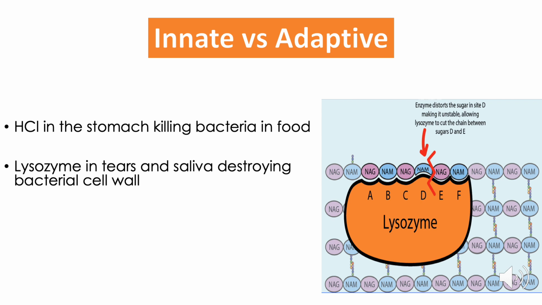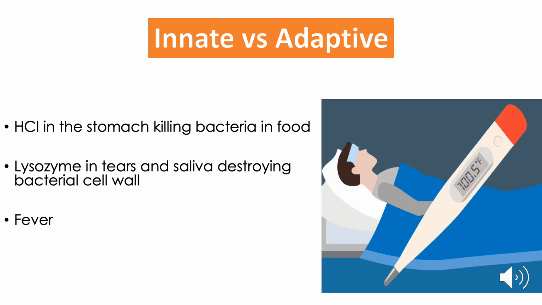Next, we have fever. How will you classify fever now? Will it be classified under innate immune response or adaptive immune response? I'll give you a clue. You will develop fever regardless of what organism is causing you to become sick.